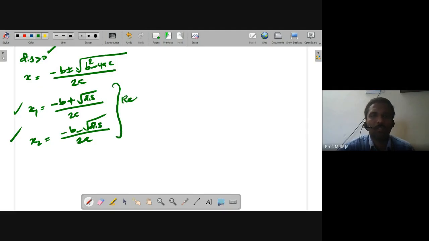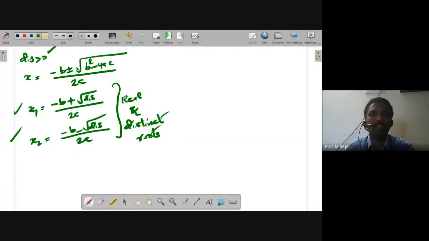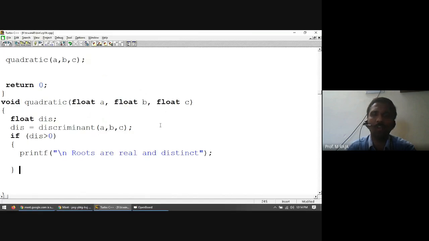Real and distinct roots. We have given the message printf slash n roots are real and distinct. Then find the computation x1 and x2 accordingly. So to find x1, x2, have the variables x1, x2 as floating point variables.